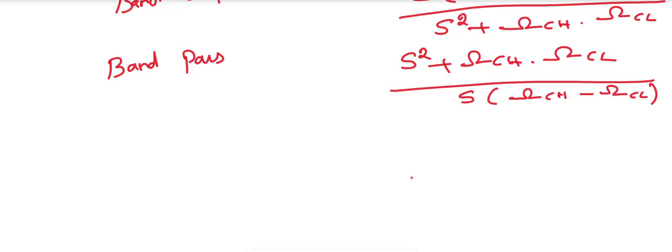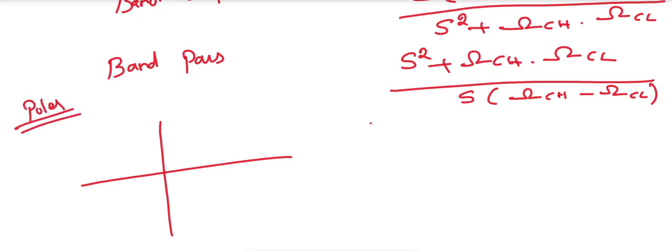Finally, we have to find out the poles of the filter. Normally the angle of the poles, how the poles are located, is denoted by pi k.